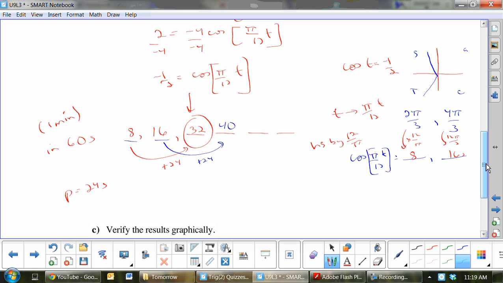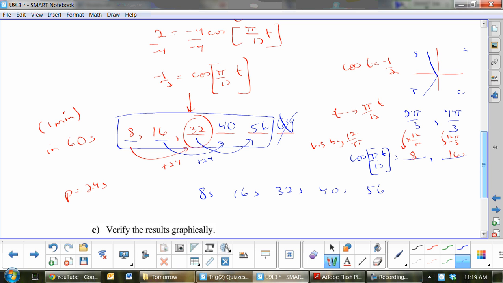What's the next one? Okay, I got someone saying 60. So how do you get 60? 56 is the next one, because if you take 32 and add 24, what's the next one? 64, too big. So this is your answer right here. 8 seconds, 16 seconds, 32 seconds, 40 seconds, and 56 seconds.